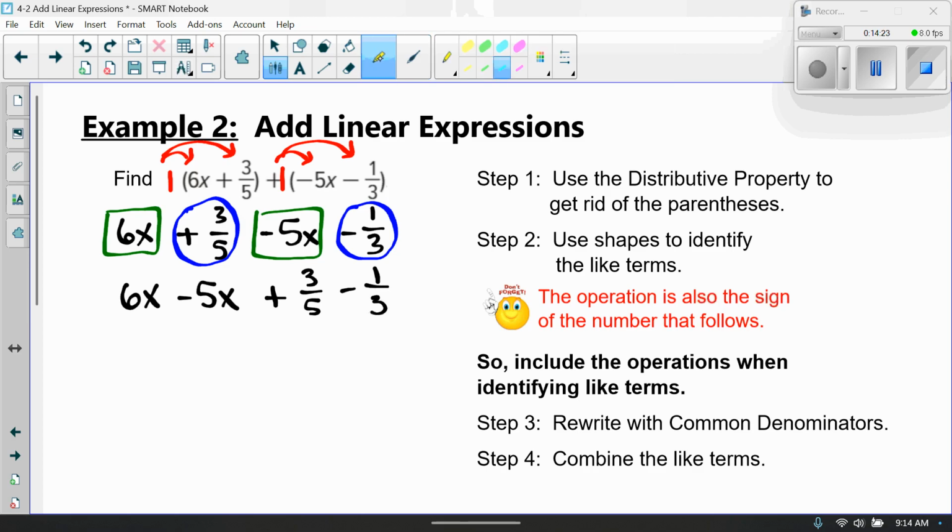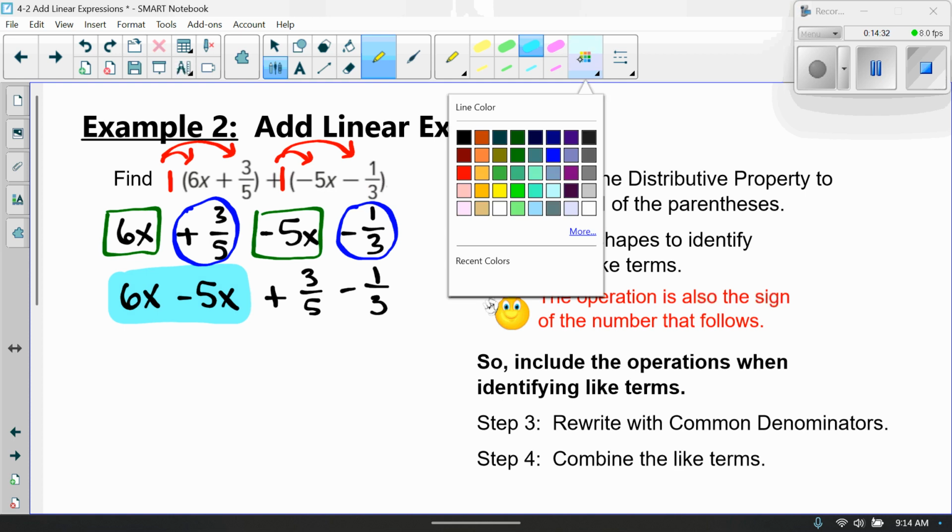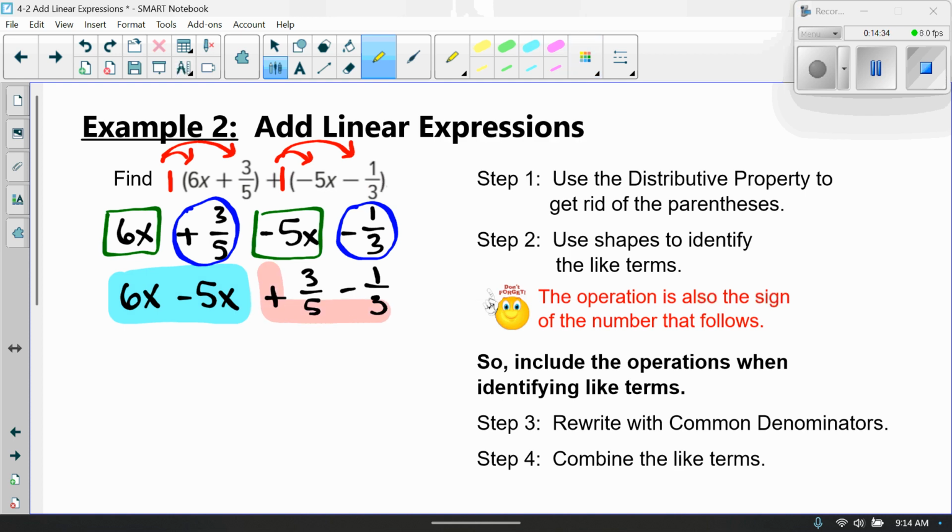Okay, so you can see these are the two parts that we're going to put together. Now, with 6x minus 5x, remember all you're doing is subtracting the 6 minus the 5. So 6 minus 5 is 1. That's 1x. Now, do I need to write that 1 in there? No. So we're just going to write x. So that's that part.